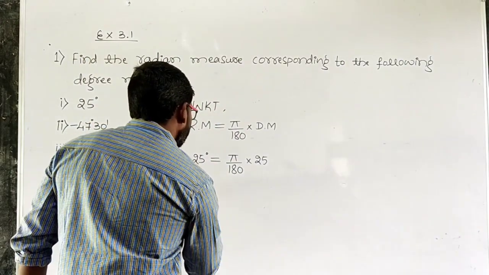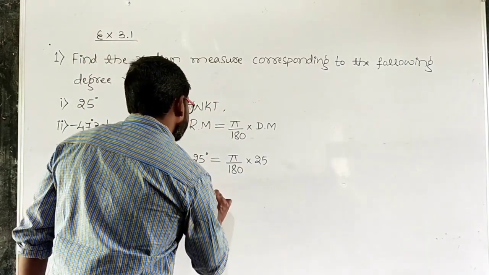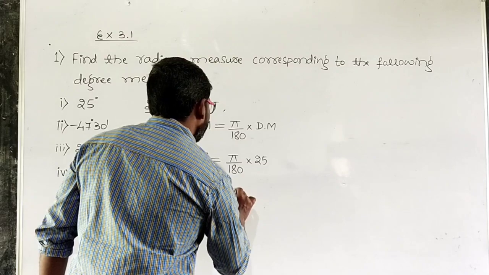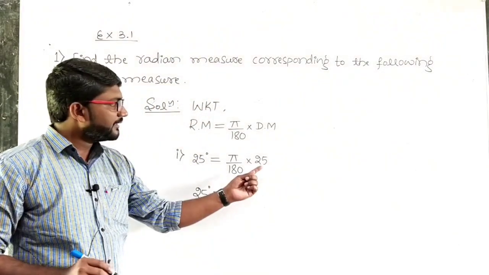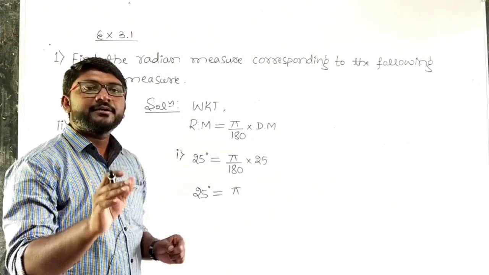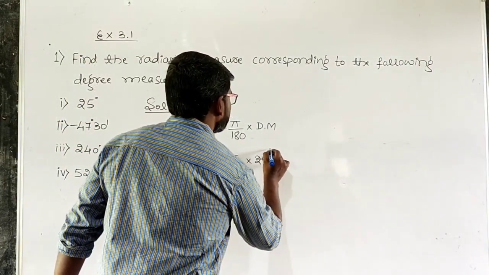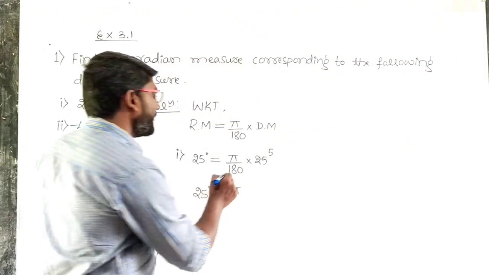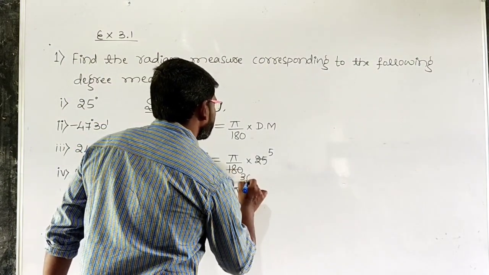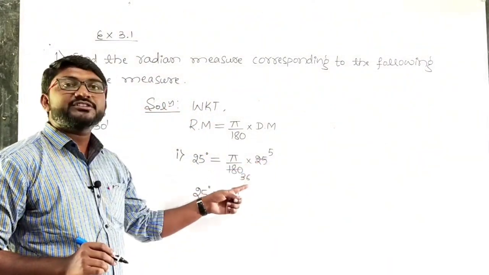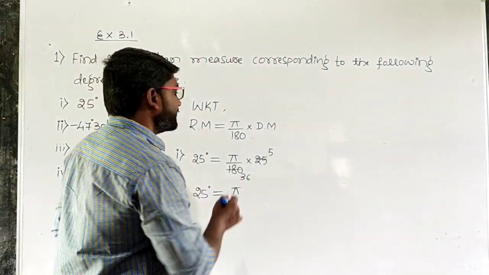So now 25 degree equals pi, I write it as it is. Now these two get cancelled in the 5 table. 5 fives are 25 and 5 thirty-sixes are 180. So what is the term that is left out now?